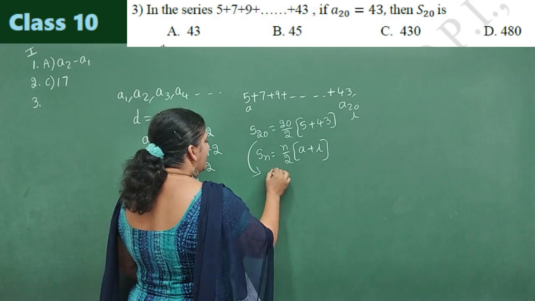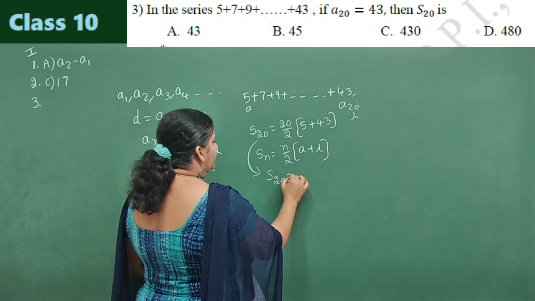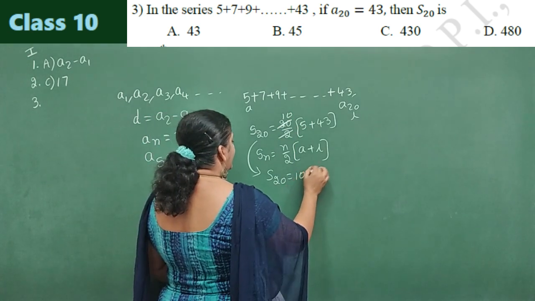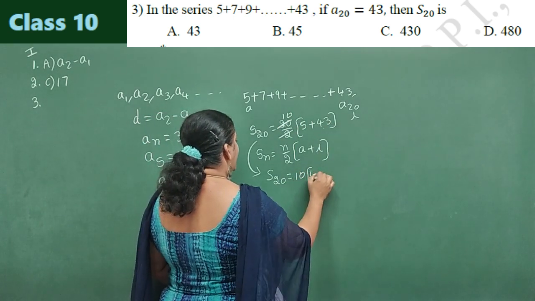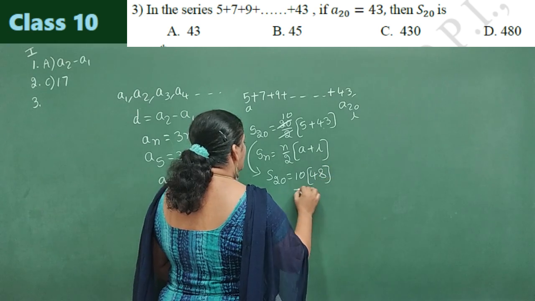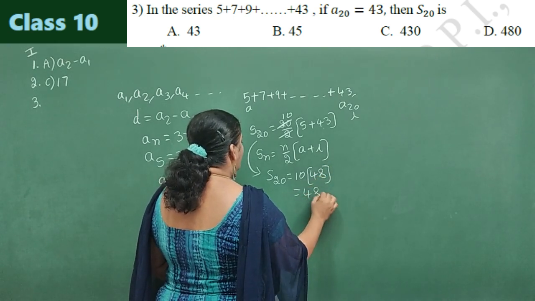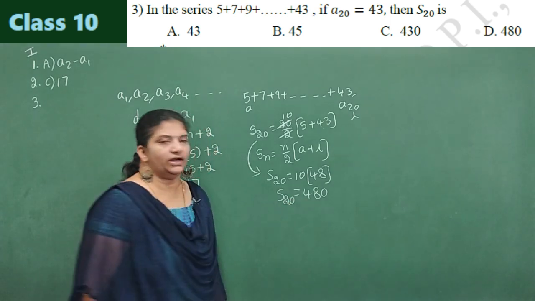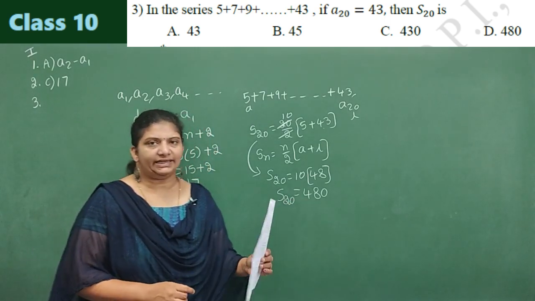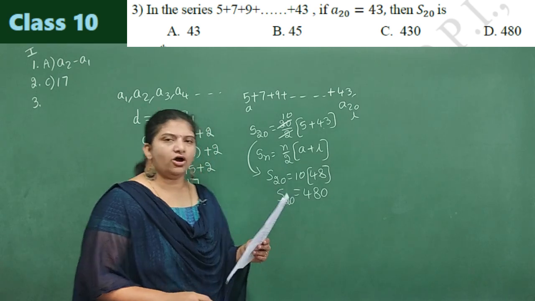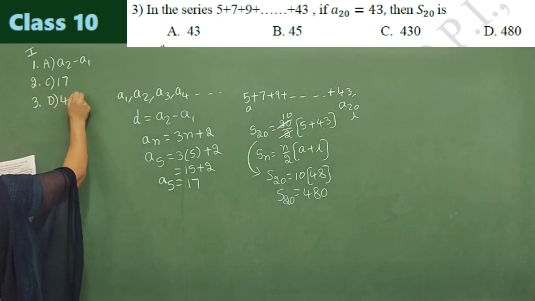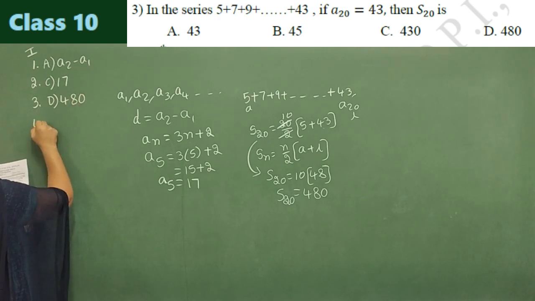S20 is equal to 20 by 2, 10, 10 into 43 plus 5, 48. 48 into 10, 480. Therefore, sum of 20 terms is equal to 480. See the answer? Option D, 480 is the right answer.